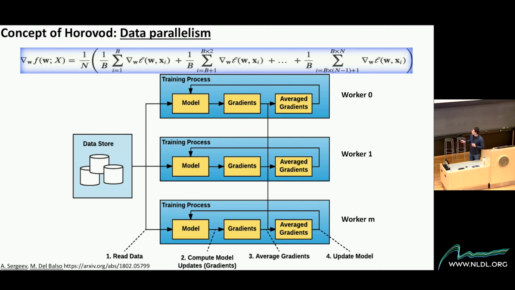Then the gradient is computed, based on a subset of data, and then you need to do the average here. Computing the average is where you have to interconnect with all the workers. Once you compute the average, you can go back to the model and go in a circle. The key here is that in order to update the model, you need to compute the average gradient. You compute the gradient, but you need the values from other workers to compute the average. And this is the algorithm.